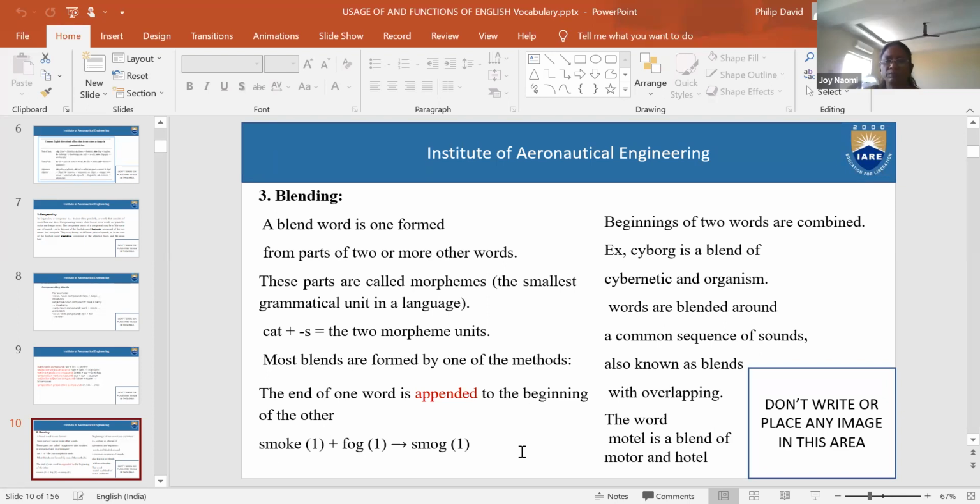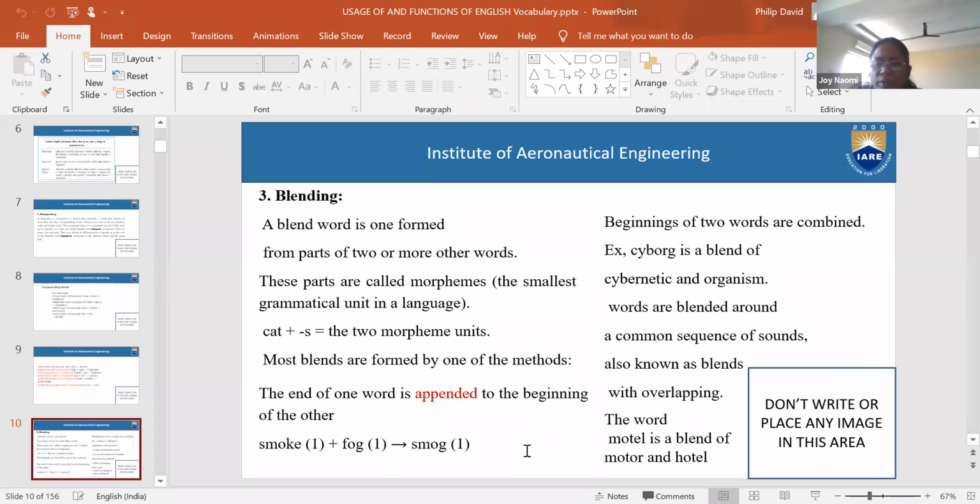The meanings of two words are combined. Example: cyborg is a blend of cybernetic and organism. Words are blended around a common sequence of sounds, also known as blends with overlapping. The word motel is a blend of motor and hotel. So by joining two words, you get new words.